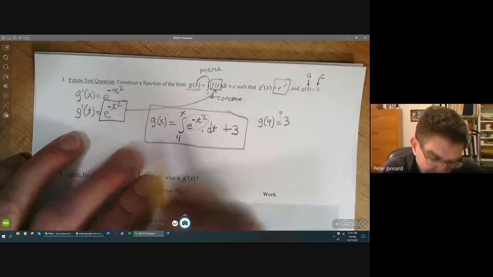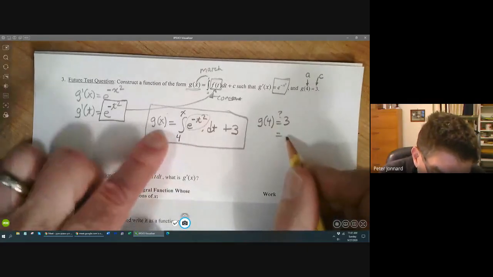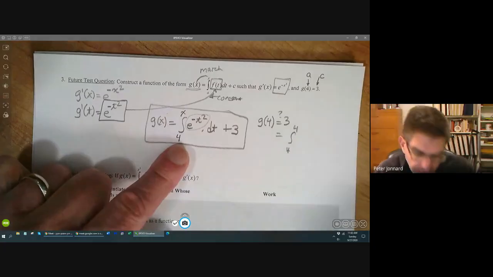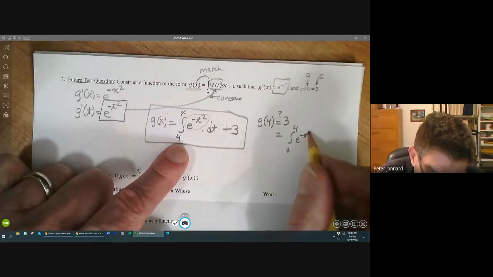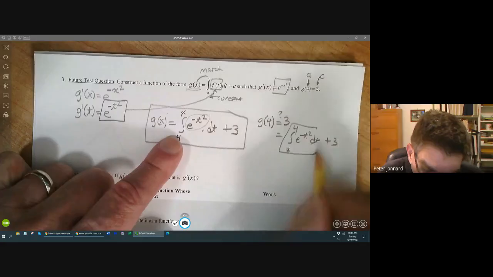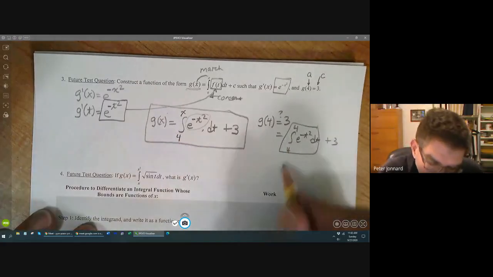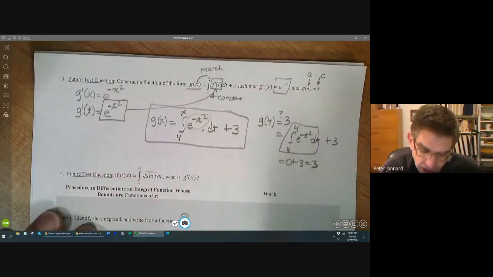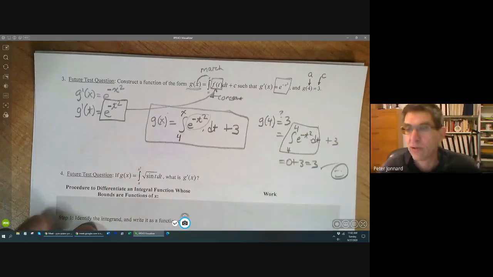Let's try it. Let's put a 4 in there. G of 4 would be the integral from 4 to 4, and you already see that happening, e to the negative t squared dt plus 3. Well, this piece here, because the upper and lower bounds are identical, would be 0 plus 3, otherwise known as 3. Sure enough, g of 4 is 3. Boom, it checked. I know I did it right.